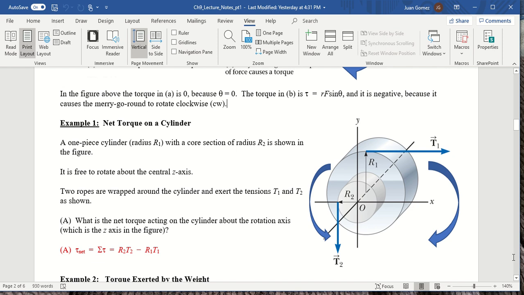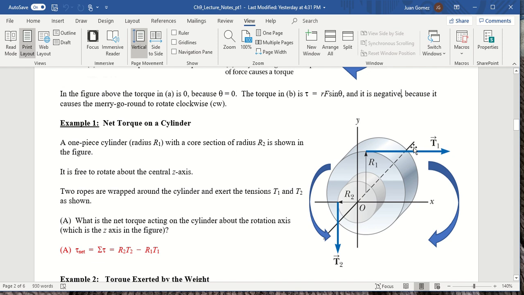Well, tau 1 is R1 T1, tau 2 is R2 T2. Remember, in general, tau is RF sine theta. But in this cylinder example, theta is 90 degrees. Sine of 90 is 1. That won't always be the case, but you want to get used to it.